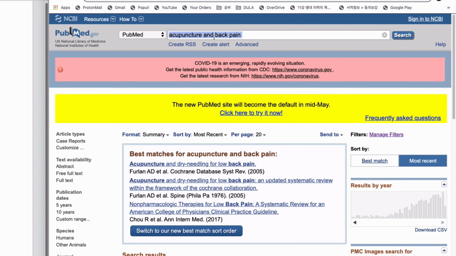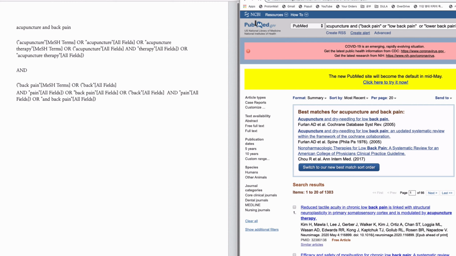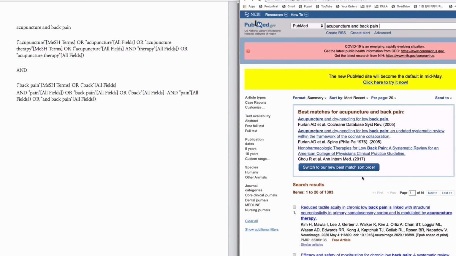Then how about this back pain? You want to be more specific, so you can try back pain or low back pain. Let me first remember what we searched here.